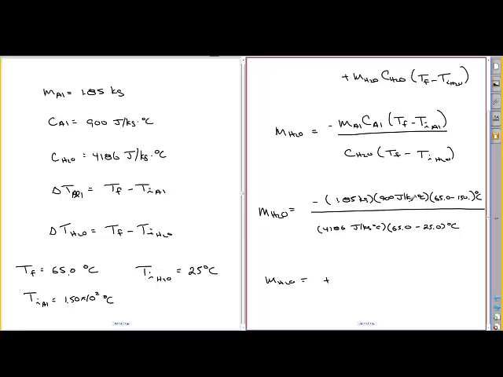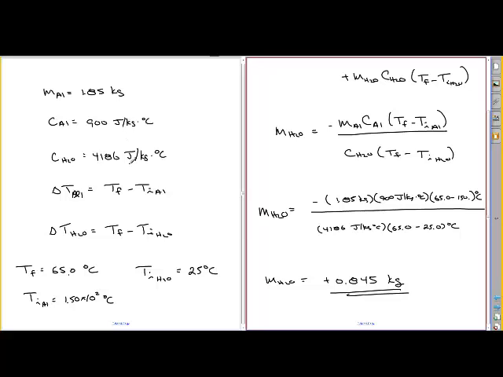So I get positive. This is negative. This could be negative. So when I multiply by negative, I get positive. So I get 0.845, three significant figures, kilograms. Does that make sense? Well, yeah, it's kind of close to what the mass of the aluminum is.